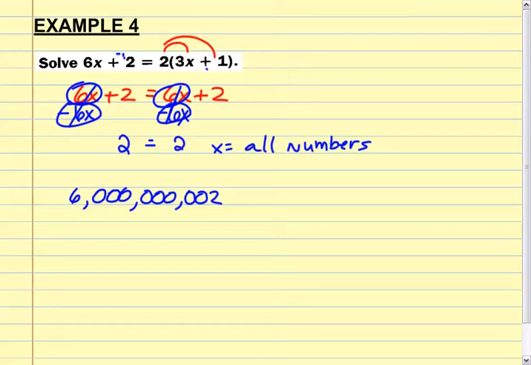So that's 3 billion plus 1, but what happens when I multiply by 2? 6 billion 2. It doesn't matter what number I plug in for X, it's always going to work. Okay? Because it's the same on both sides. No matter what I plug in, it's going to always turn out the same, isn't it? They already have the same amount of variables.